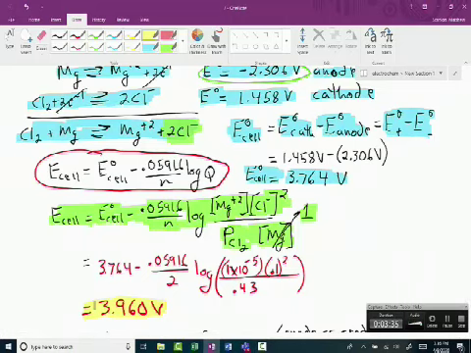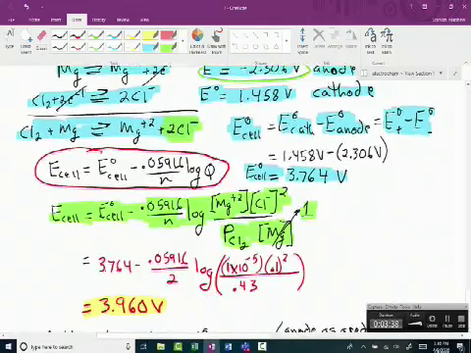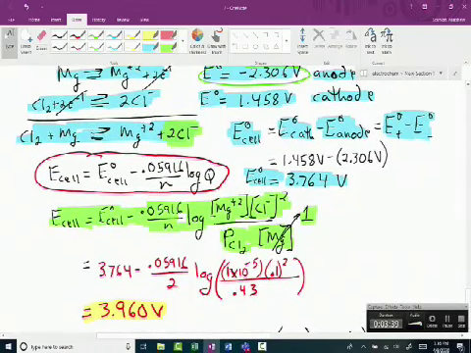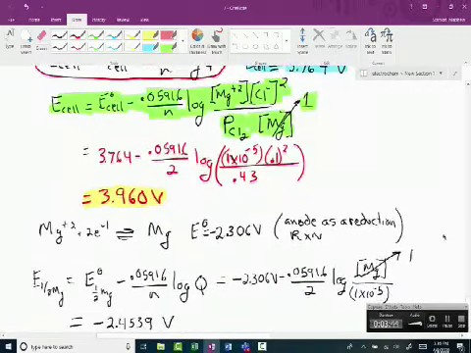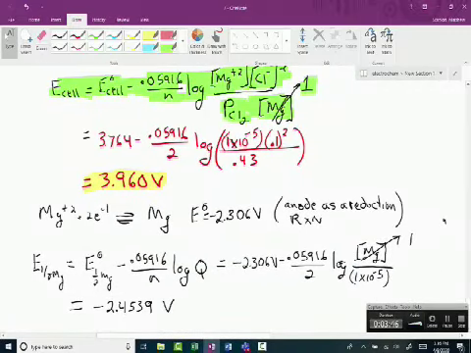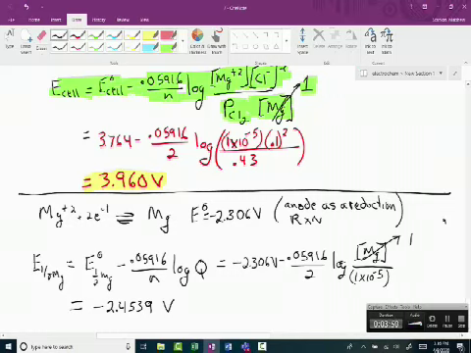Alright. Now, that's the method you know from freshman chemistry. The second method is to divide the cells. So this is method 2 now, I'm just going to do the magnesium by itself and the chloride by itself.